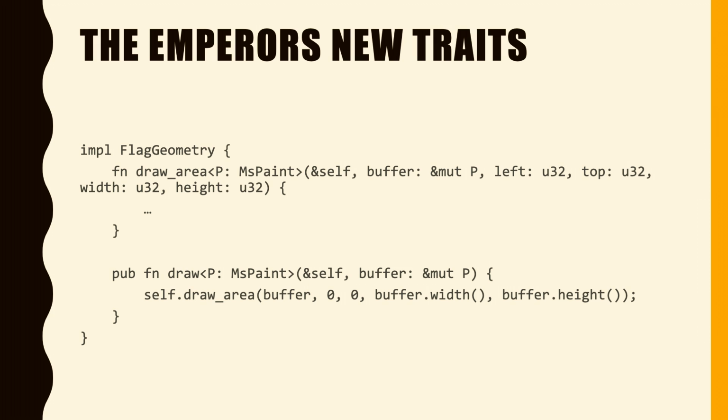So now we can make our flag geometry independent of a drawing library by just abstracting over MS Paint, saying that any P that happens to be MS Paint will do.